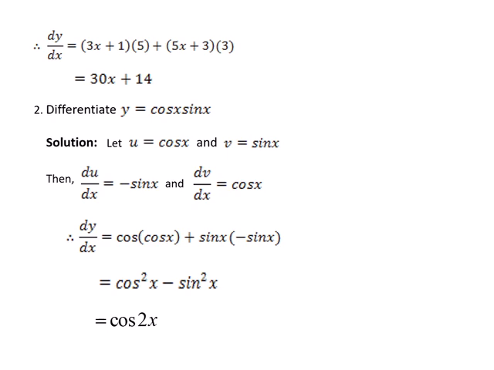Then du/dx will give us what? If we are differentiating cos x, we are going to get minus sin x. And if we are differentiating sin x, we are going to get cos x. That's why we have du/dx equal to minus sin x, and dv/dx equal to cos x. Therefore, dy/dx will now give us, applying the formula u dv/dx plus v du/dx.